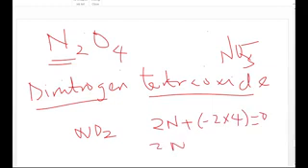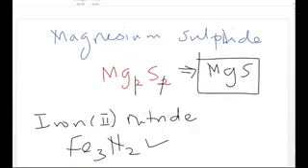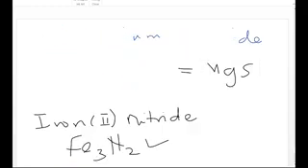So that will be 2n minus 8 equals 0, 2n equals 8, n equals 4. So nitrogen(IV) oxide is still not out of place, and this is the real nitrogen(IV) oxide, but because it forms a dimer, we can take it out as 2 in the compound.